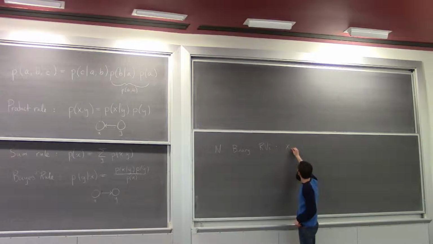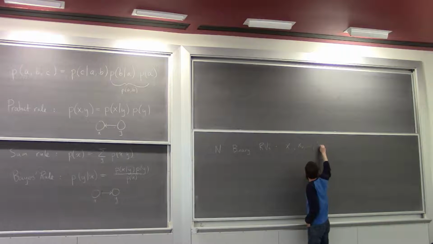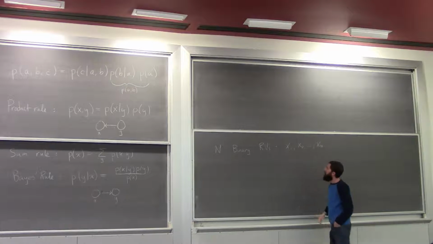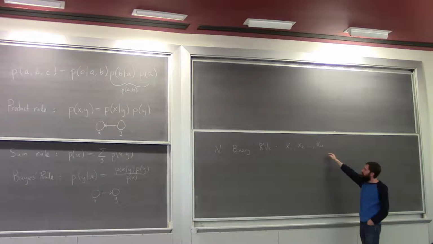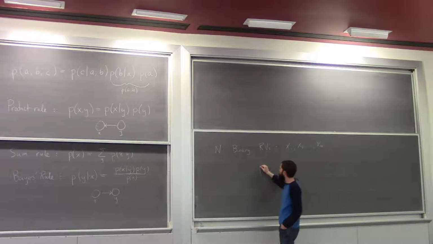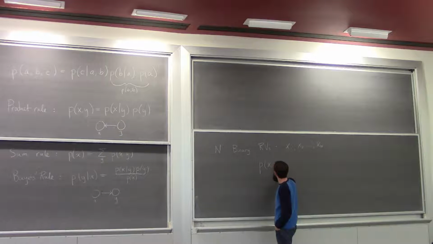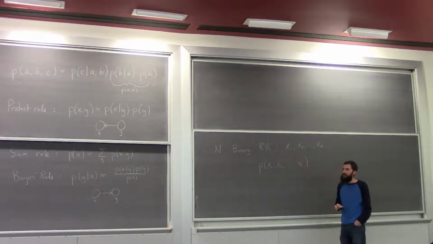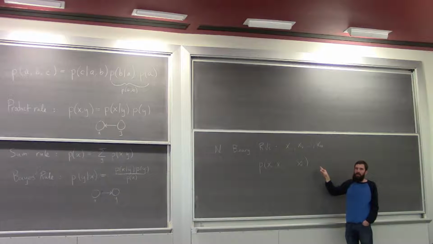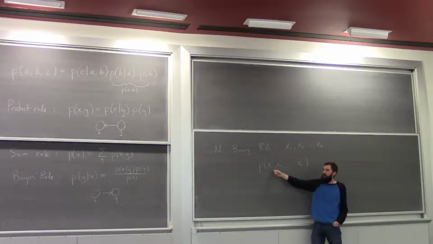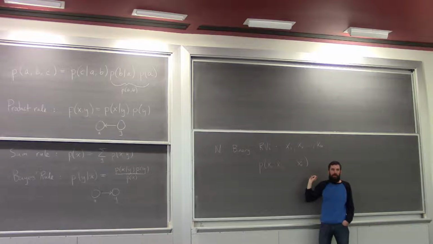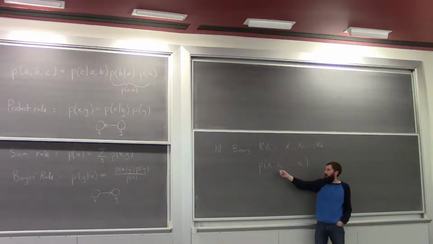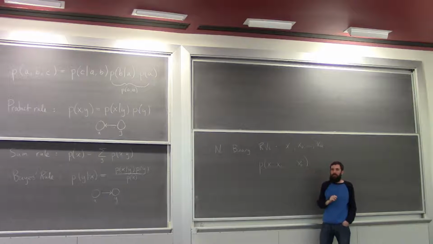If I just gave you n binary random variables, and I think about the joint distribution for all of these, then who can tell me how many parameters I need to specify this full joint distribution, x1 to xn?